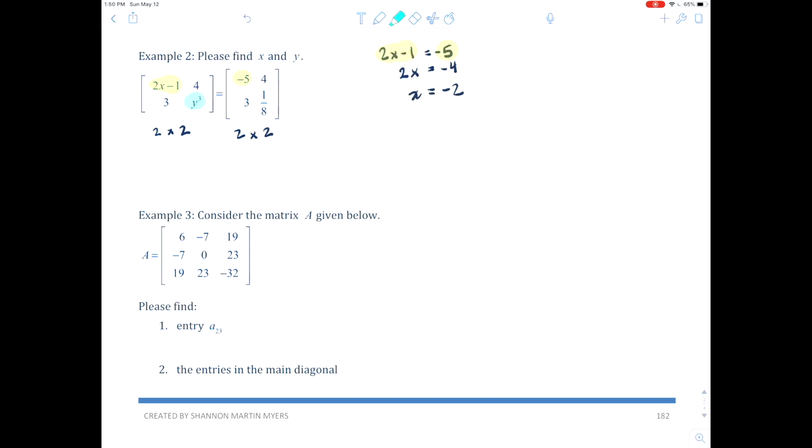Y cubed is going to have to equal 1/8 because they are corresponding entries. So this is like our first part of the problem, and our second part is finding the other unknown. So we would set y cubed equal to 1/8. Cool so far? And we got that from equating the corresponding blue entries.